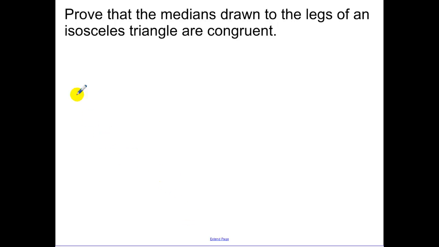Okay, real quick proof. Prove that the medians drawn to the legs of an isosceles triangle are congruent. So, given, prove, and I'm going to draw a picture over here. So I have medians drawn to the legs of an isosceles triangle.